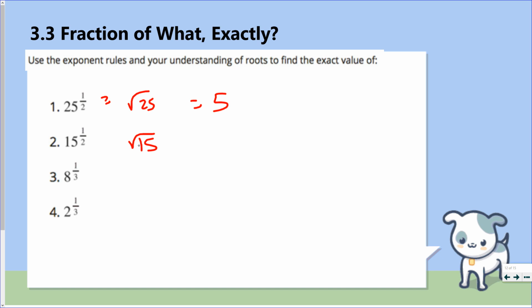The problem with that is it's not very continuous in terms of the function itself. Because we're not solving the equation, we're going to stick to the positives here. 8 to the 1/3, though, we won't have a problem with that. What's the cube root of 8? And then the cube root of 2 is just the cube root of 2. We don't know that's a decimal. Okay, so that's where these 1/2s and 1/3s come from and how they relate to radicals.